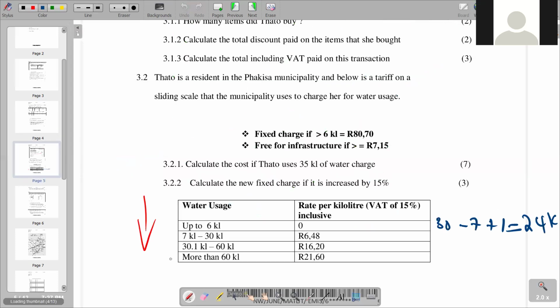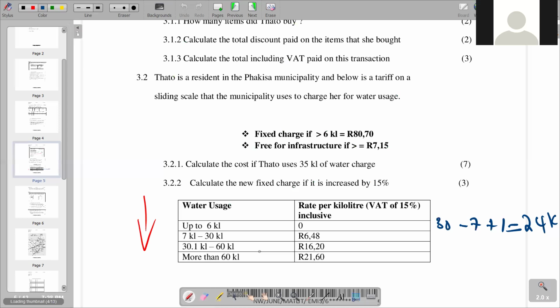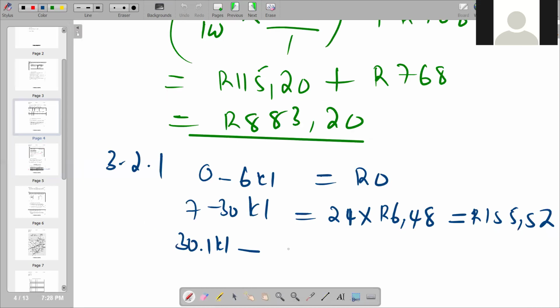The next band that we have is from 30.1 kiloliters to 60 kiloliters. So this is what we have.